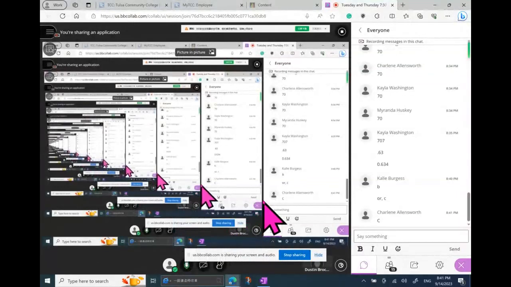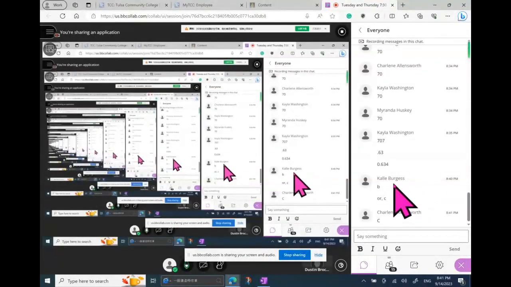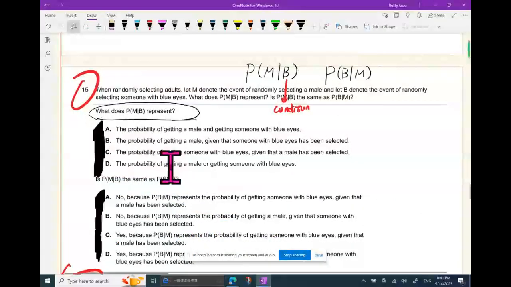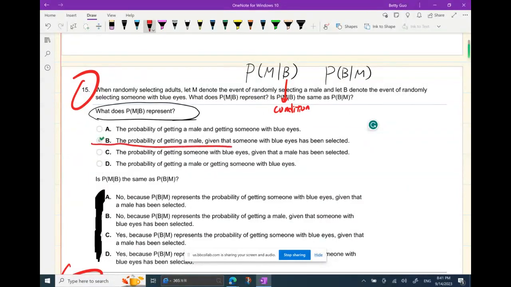The answer is not only B or C. B says the probability of getting a male given that someone with blue eyes has been selected. C says the probability of getting someone with blue eyes given that a male has been selected. This has to be B. C is wrong.